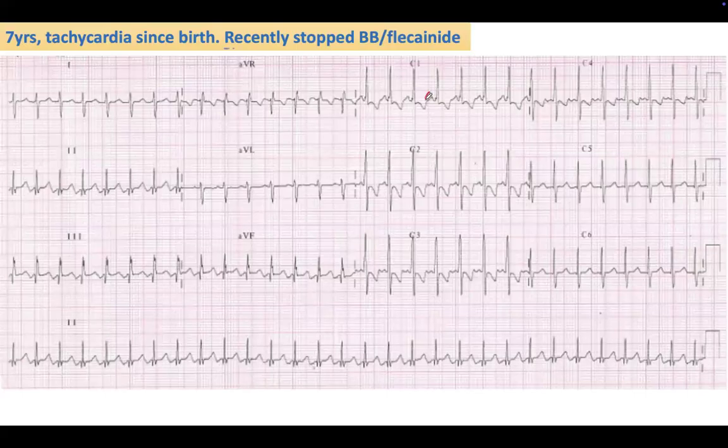I understand you're saying there's a P wave before the QRS in V1, V2, and so forth. But some deflection, inverted P wave, where?